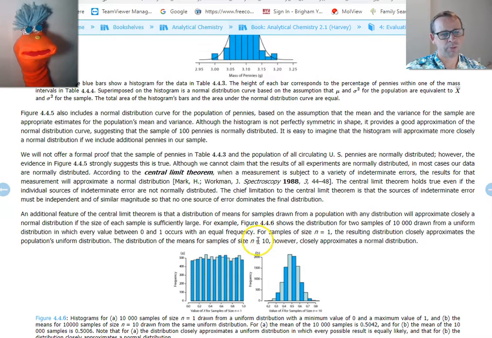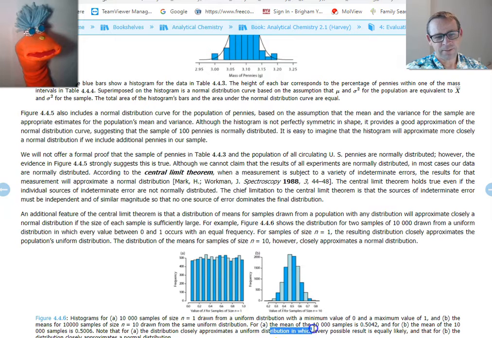So for example, here we have figure 4.46. Here we have a histogram for 10 samples of size n equals 1 drawn from a uniform distribution with a minimum value of 0 and a maximum value of 1. And B, the means for 10,000 samples of size n equals 10 drawn from the same uniform distribution.